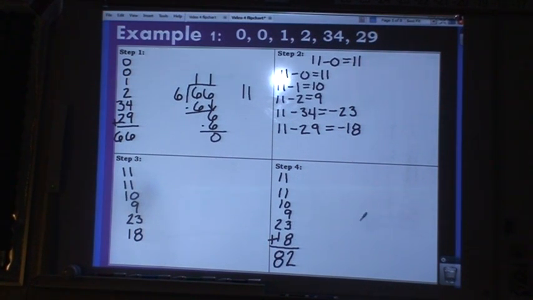Now, since we're actually finding the mean of these numbers, we're going to take 82 and divide by the number of numbers we had. So we're going to divide it by 6.